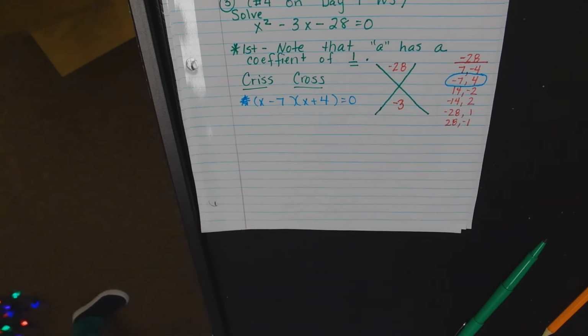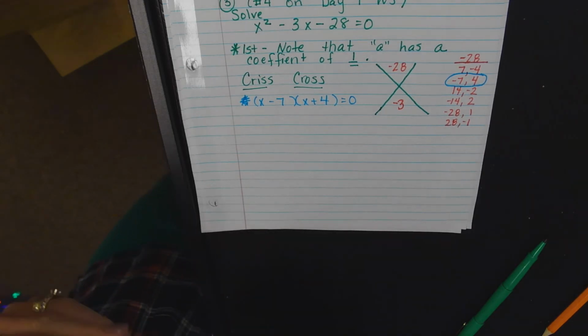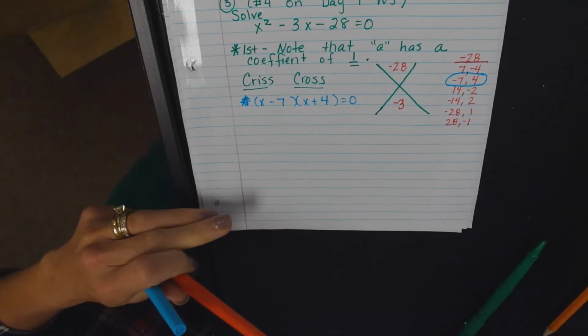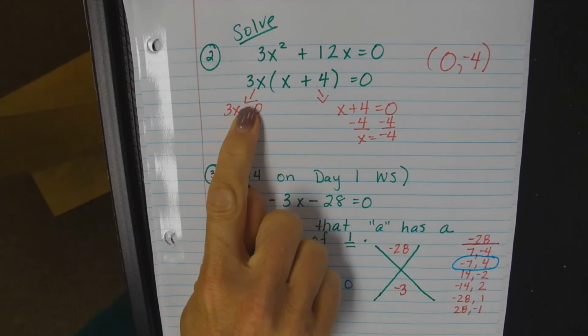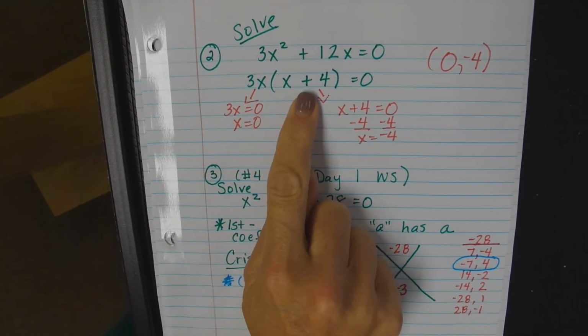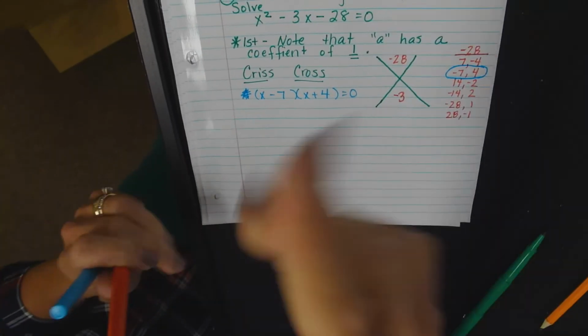-7, -7. 4, 4. Okay. We're not done though, because we still have to solve, right? Still easy. So you remember up here, I'll come back to this. I drew my arrows and I said equal to 0, that equal to 0, same thing.